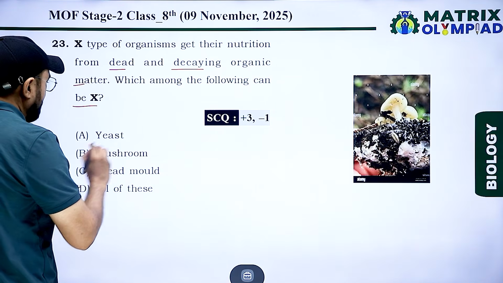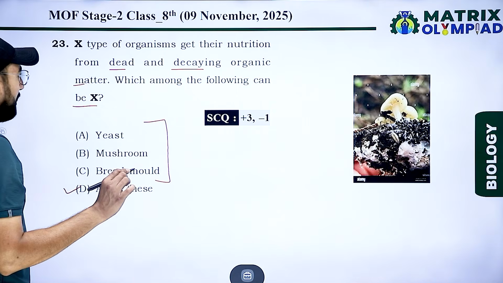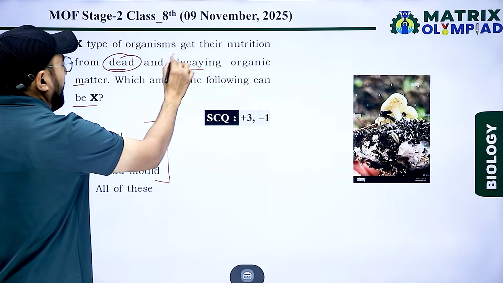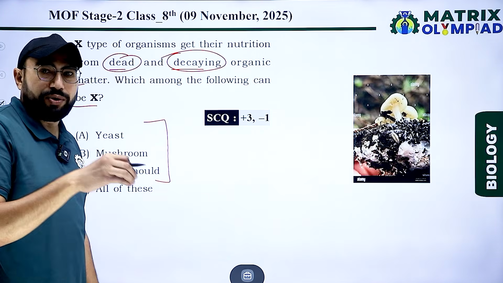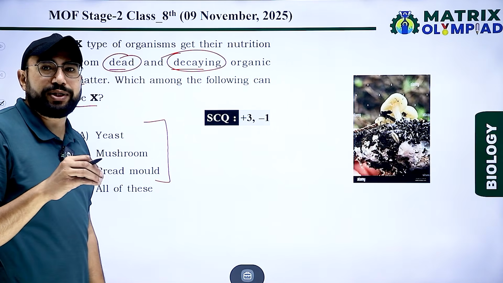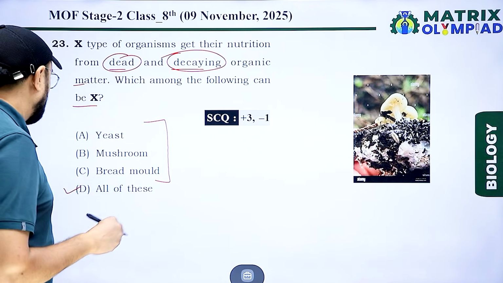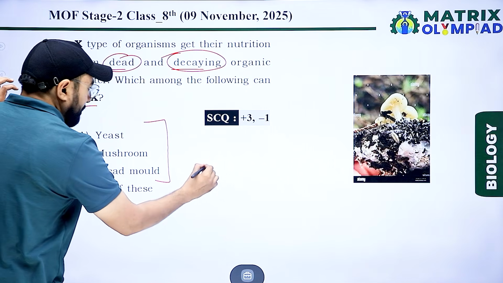X is D, all of these, because A, B, C get their nutrition from dead and decaying material and produce their progeny by sexual or asexual method.